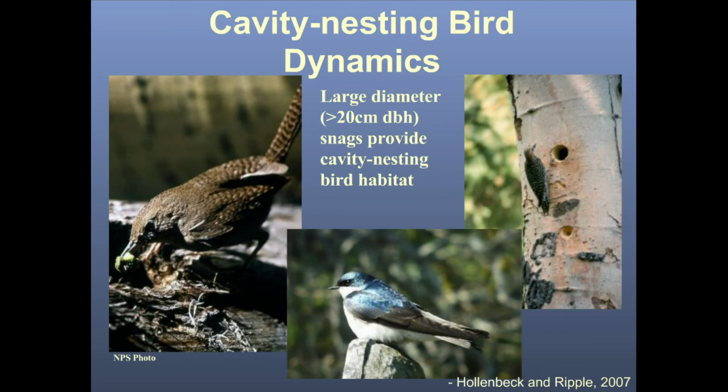Earlier there was a question about snag dynamics and birds, and hopefully this will address the question just a little bit. Some of our colleagues in the lab actually looked at cavity nesting bird dynamics and large diameter snags within the park and compared that to bird abundances outside of the park.